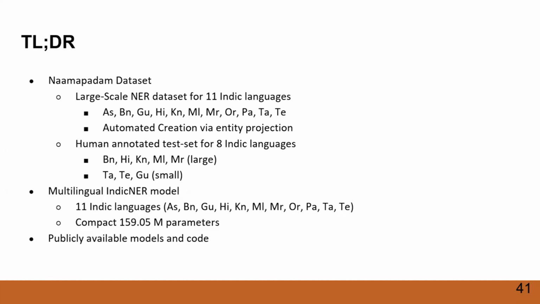We also have Tamil, Telugu, and Gujarati, comprising around 50 sentences. Both these data sets are manually annotated. The small data set is annotated by one human annotator, whereas the large test set is annotated by 2 annotators.